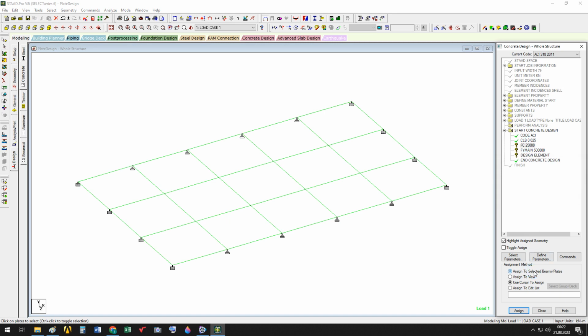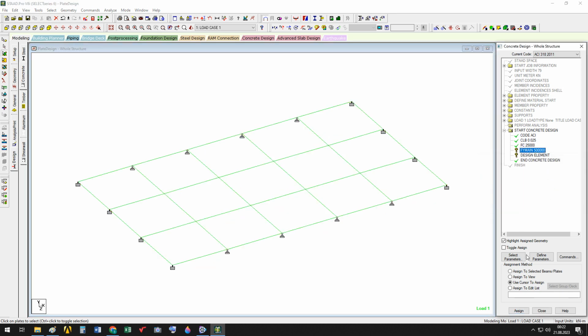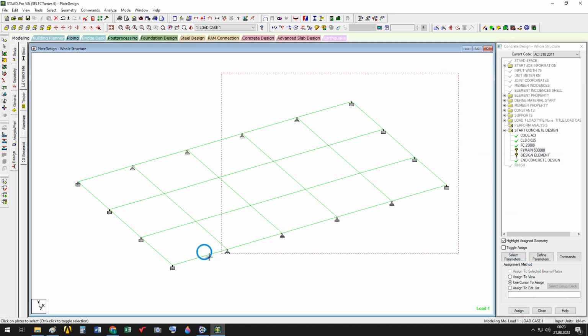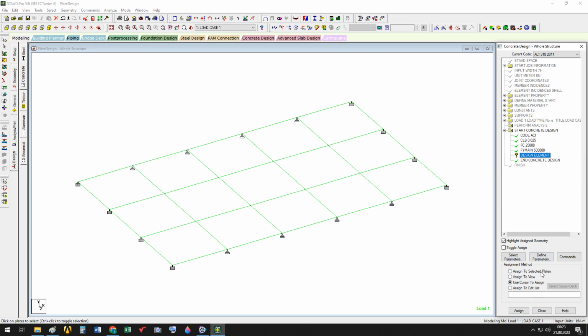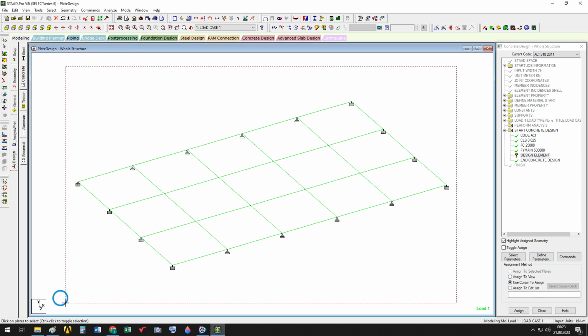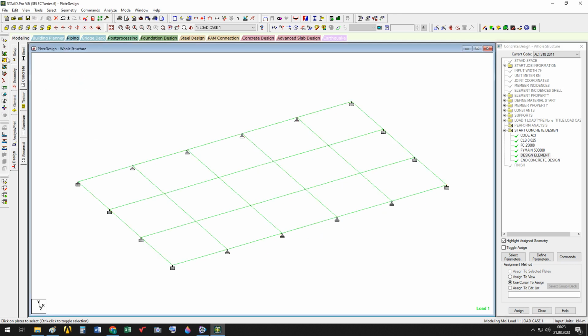I want to assign this value also only to plate elements. Again, okay. Design elements also.